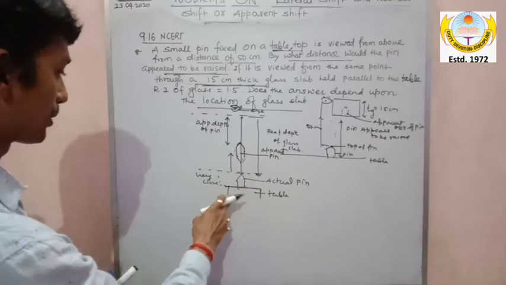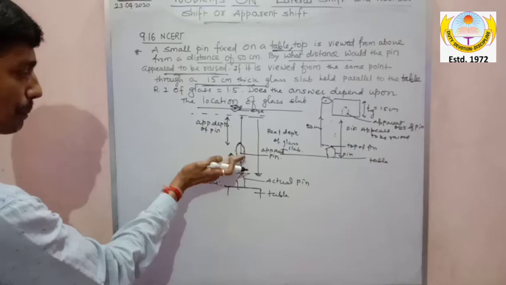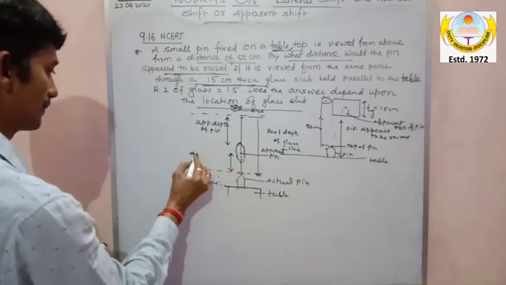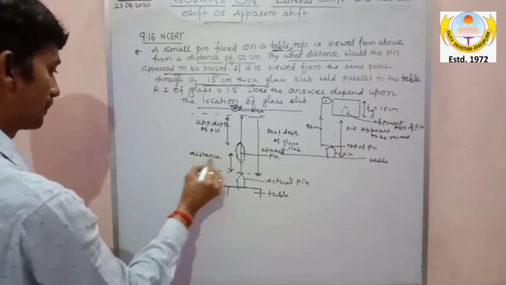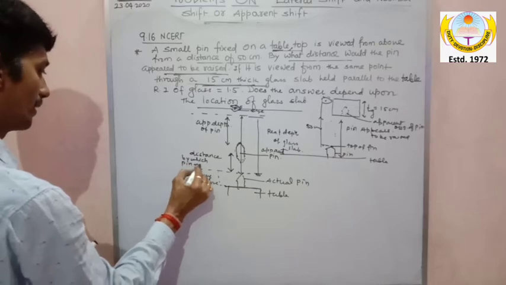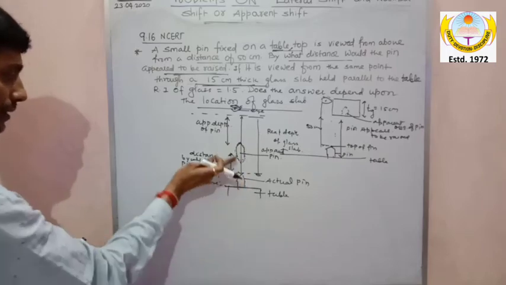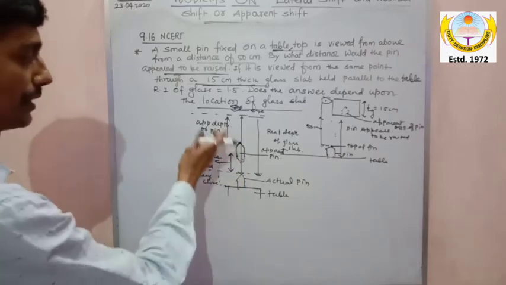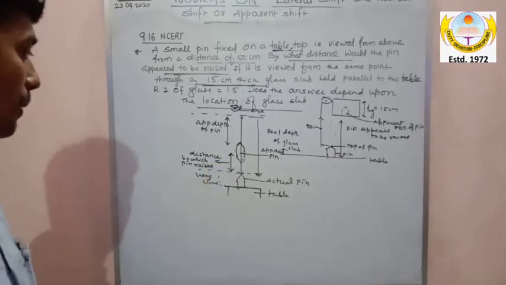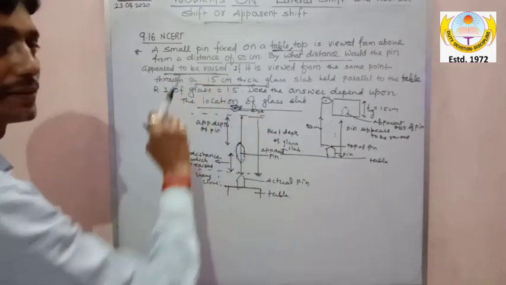So my dear, you are supposed to calculate this. By what distance is the pin raised? The real depth of the glass slab is 15.